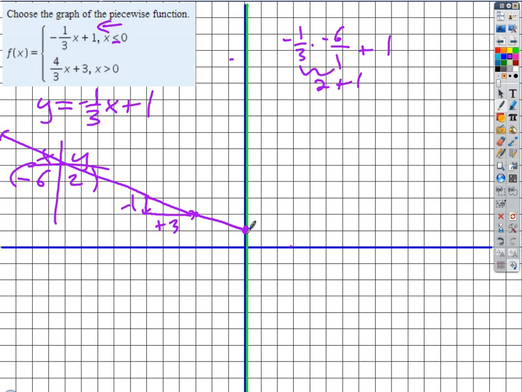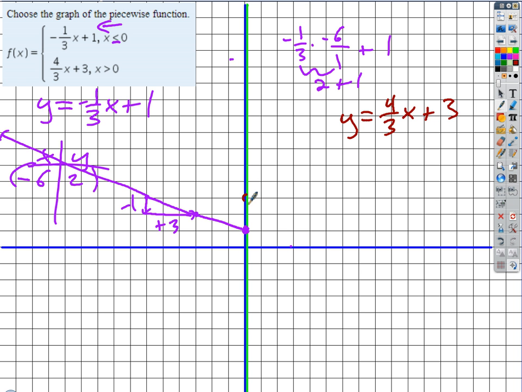Right side, we've got over here the function y equals positive 4/3 x plus 3. Well, the y-intercept, even though we don't get to keep it, is going to be an open endpoint for our line, isn't it? Let's just start with that. So where is the y-intercept? 3.